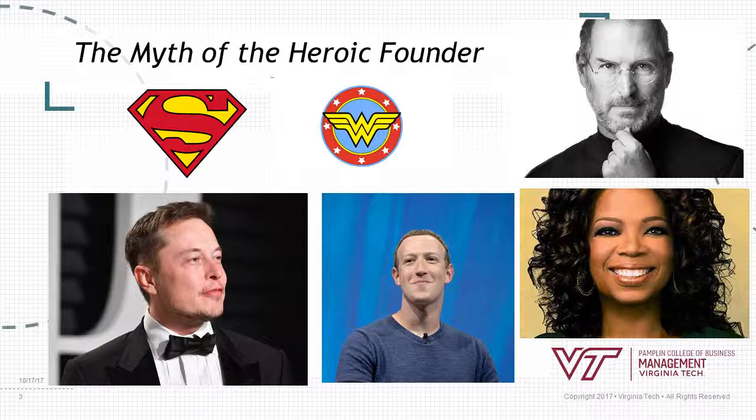Along the way, they had to understand what those failures looked like, learn from them, pivot, and then create something else. But one thing that holds true of all of these examples is that it takes more than one person, right? It takes more than a dream and a vision.